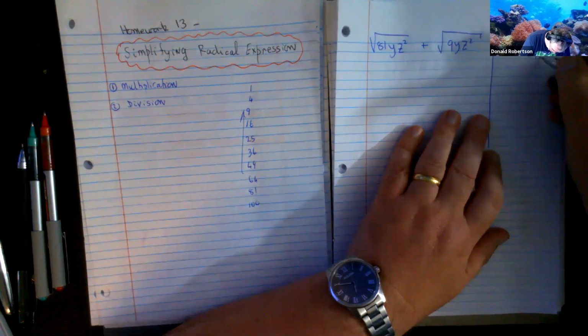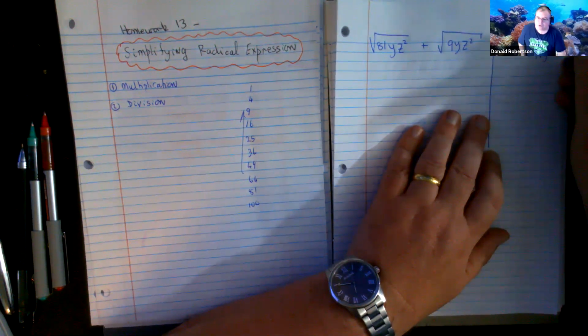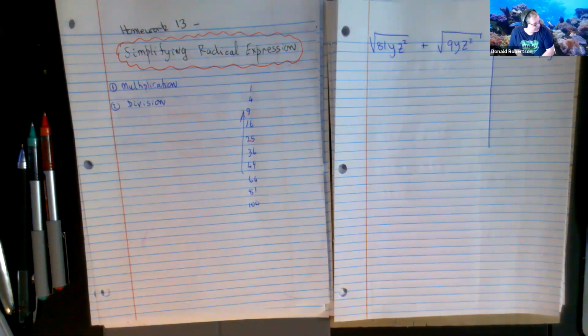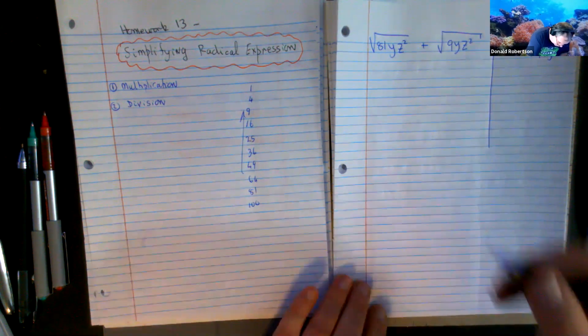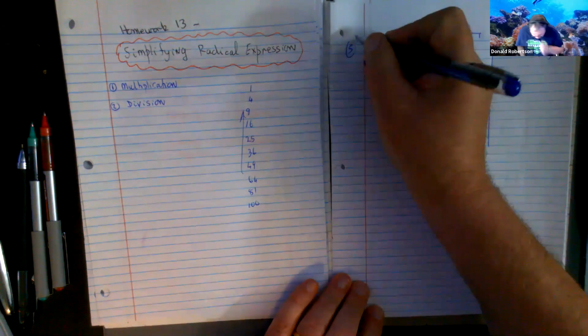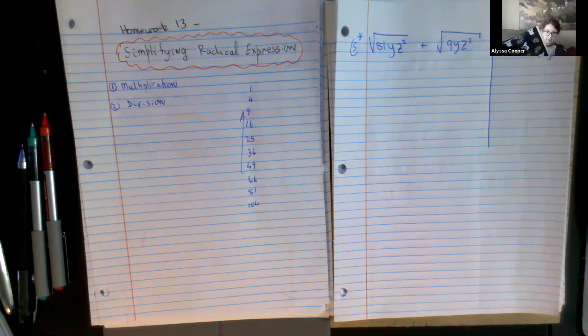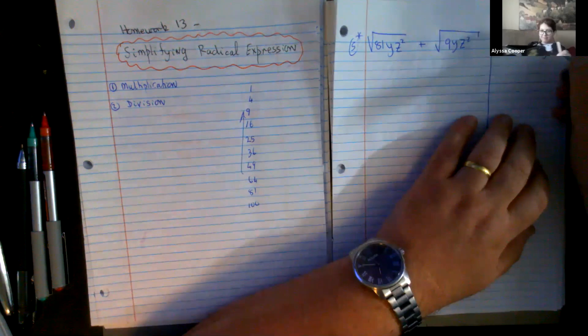Can't do anything with the square root of y. Can we do something with the square root of z squared? What's the square root of z squared? Oh, by the way, this is question 5. This is not a trick question. What's the square root of z squared equal to? Z. Did you say z there?